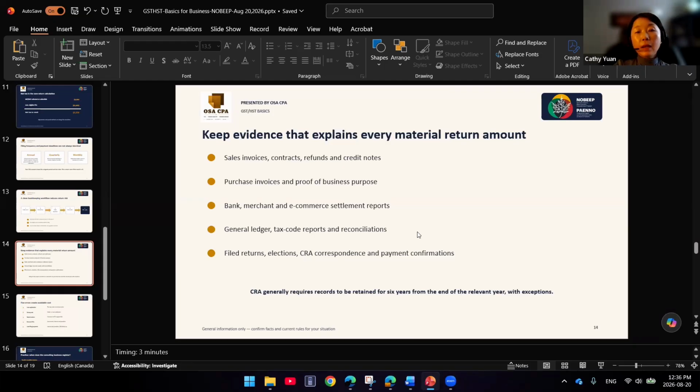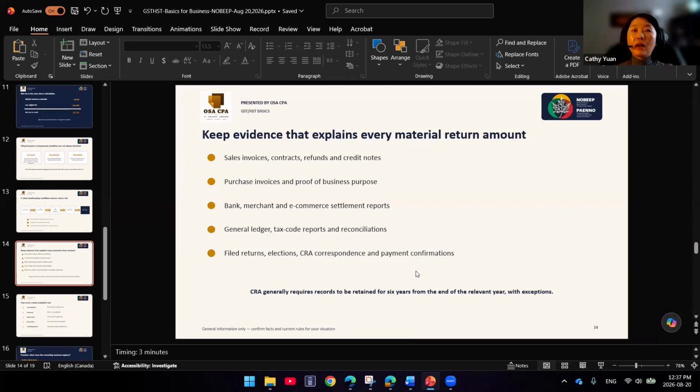CRA may ask for other documents too. The main purpose is to certify that the tax return is based on real transactions. It's easy to understand, but it's not easy to keep this evidence.